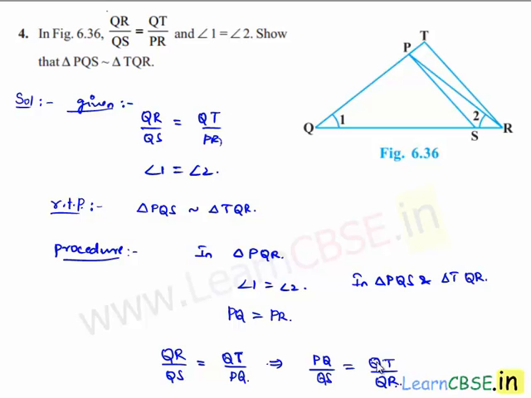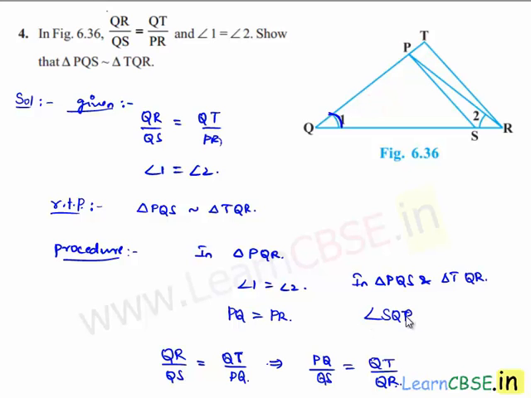So here two of the corresponding sides are in proportion, and also angle SQP is equal to angle RQT, which is a common angle in both the triangles.